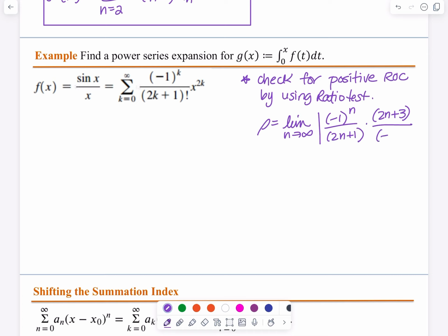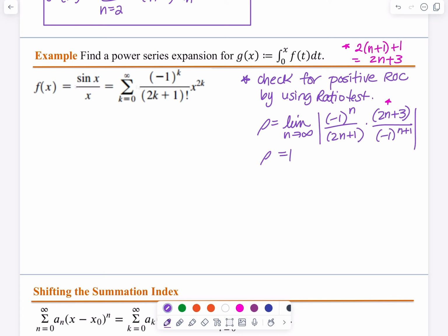Negative 1 to the n plus 1 power. So we do want to keep in mind that 2 times n plus 1 is 2n plus 3. So that's for n plus 1. Okay? And so now we get that that's equal to 1. So rho is equal to 1.